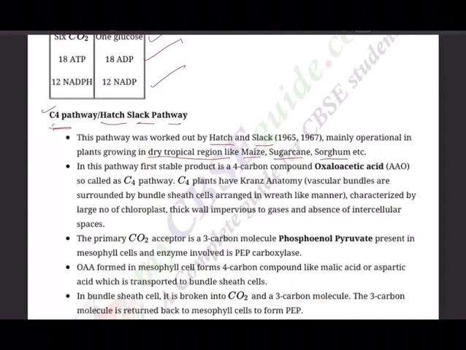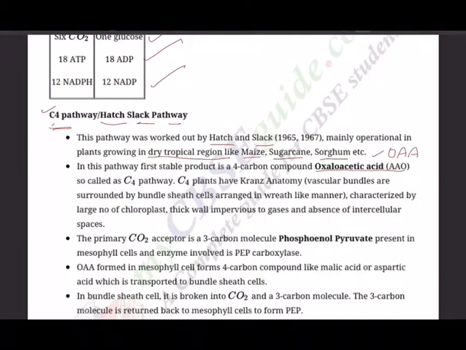In this pathway, the first stable product is a 4 carbon compound. That's why the name C4 pathway. There we called it C3 because there it is a 3 carbon compound, right? Here it is OAA, oxaloacetic acid, and so it is called the C4 pathway.